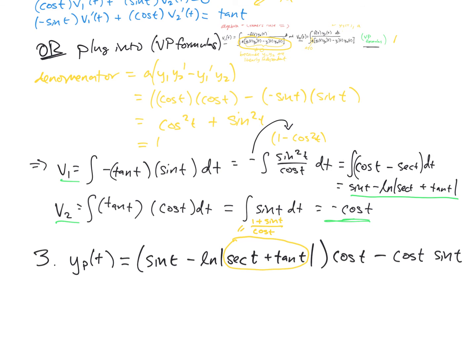And on negative pi over 2 to pi over 2, cosine is always positive, and 1 plus sine is always positive. So this whole thing is always going to be greater than 0. And so that's one reason why we have an interval.